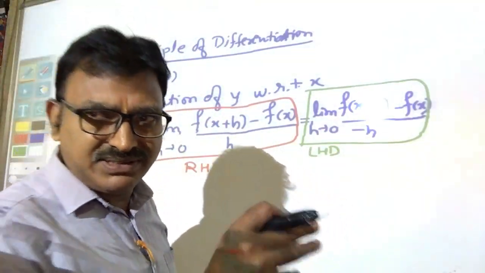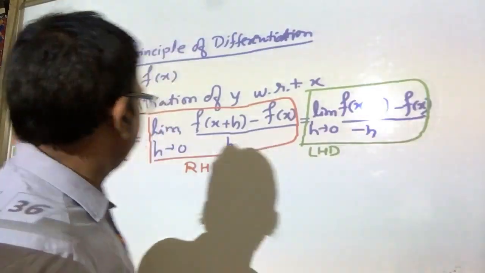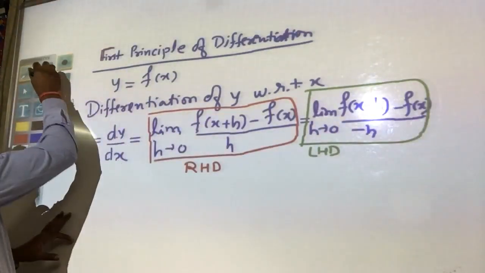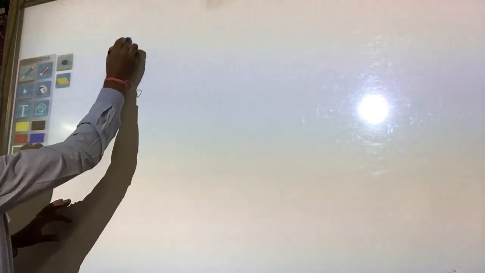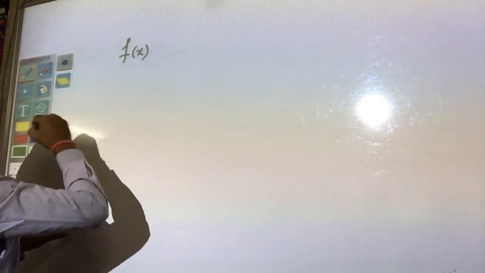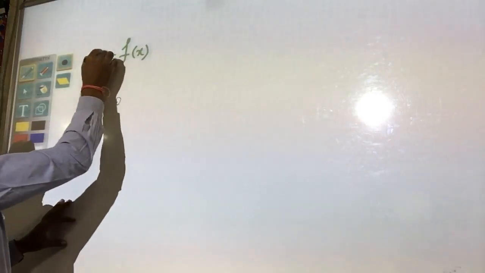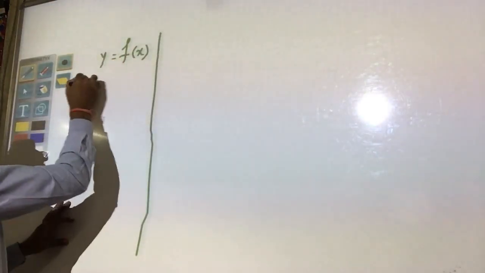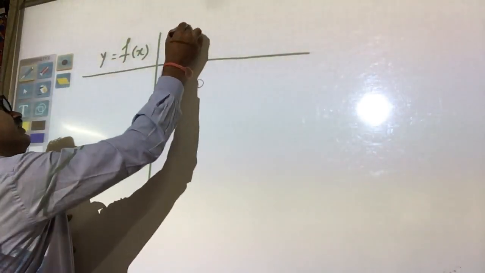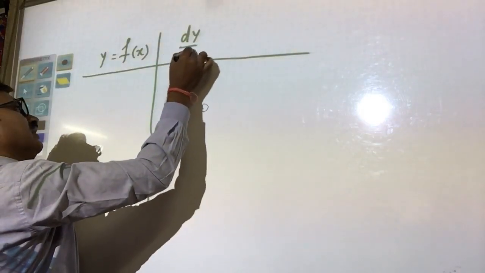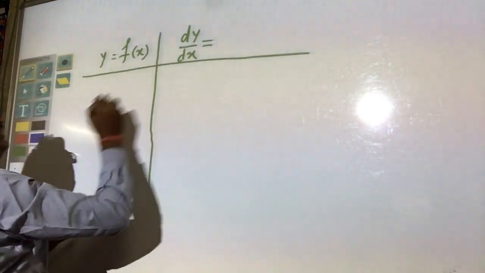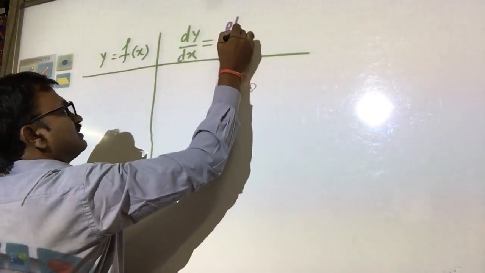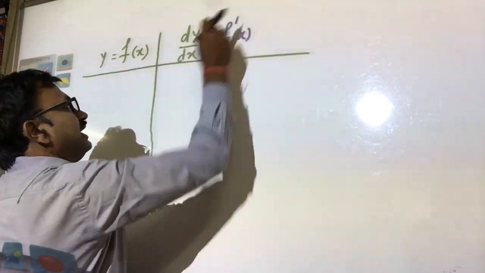So students, I will make a table very fast. Suppose this is the function y, and here we will write dy by dx, and this dy by dx is also represented by f dash x.